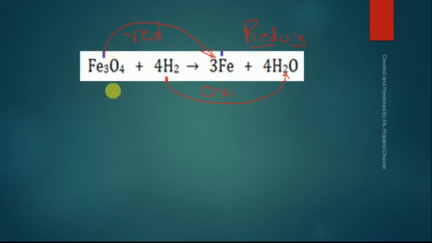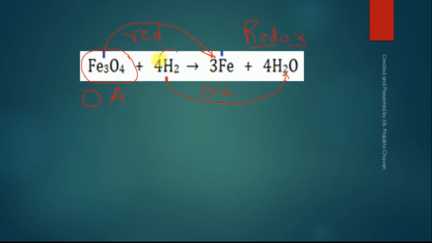So here, students, in other words, we can also say that Fe3O4 is getting reduced to Fe. Yes. So the substances that get reduced are called oxidizing agents. And here we can say that H2 is getting oxidized to H2O.